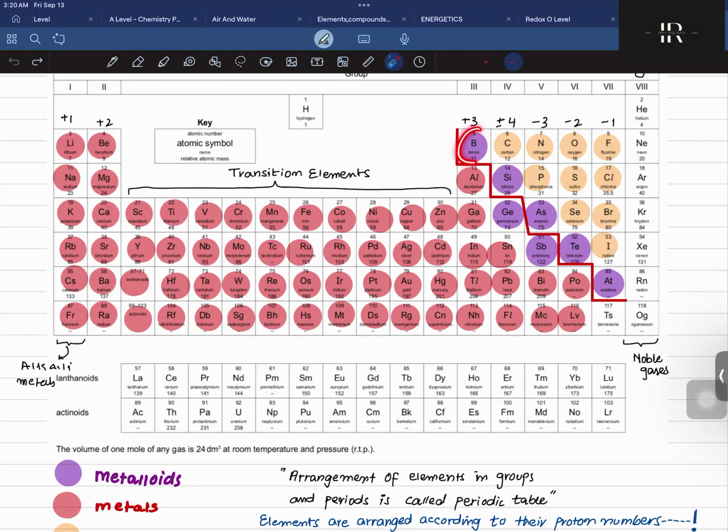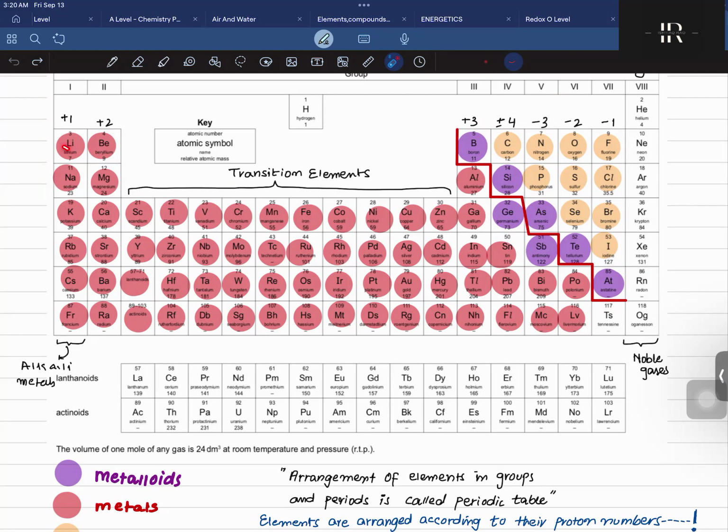This is boron, silicon, this is germanium, this is arsenic, this is antimony, this is tellurium, and this is astatine. These are metalloids.